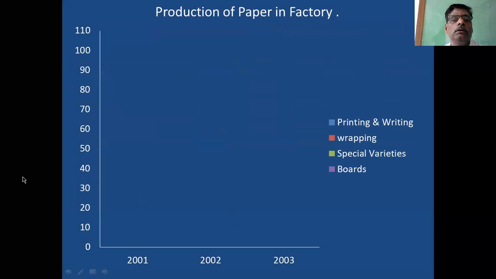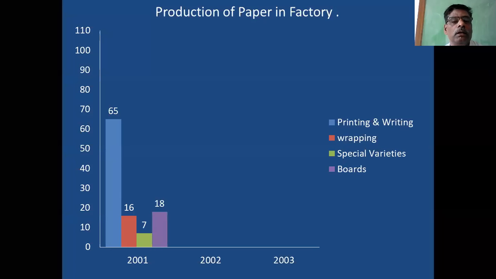This is the production in a paper factory: printing papers, wrapping papers, special variety, and boards. In the year 2001, 65 tons is the printing and writing paper, 16 tons is the wrapping paper, special paper is only 7 tons, boards are 18 tons. This is one set of statistical data.